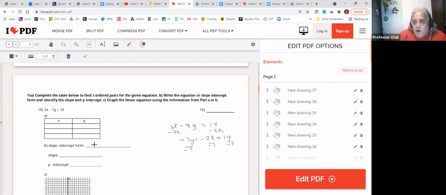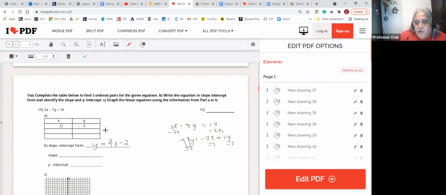So this is going to be y is equal to, see, that's just going to be y. And then it's negative over negative, so it's 2/7 x. And then 14 positive divided by -7 is -2. All right. So here we got a free point right here, which is 0, -2.